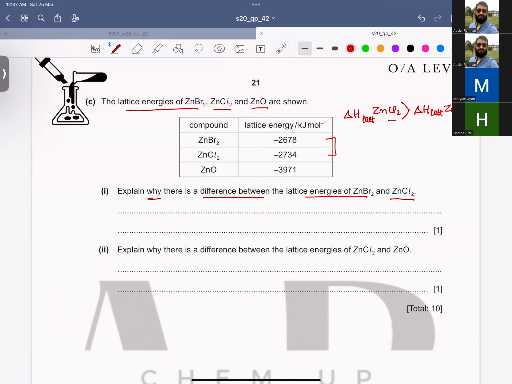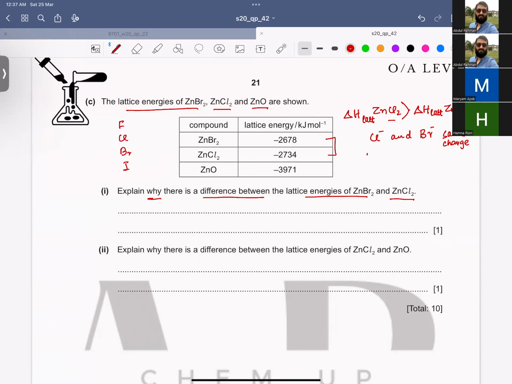So if you look at these two, chloride and bromide, both have the same charge, right? But if you look in the periodic table, you will find that fluorine, then chlorine, then bromine, and then iodine.